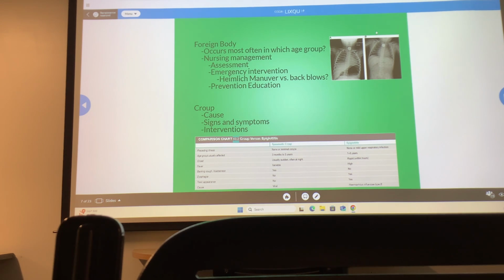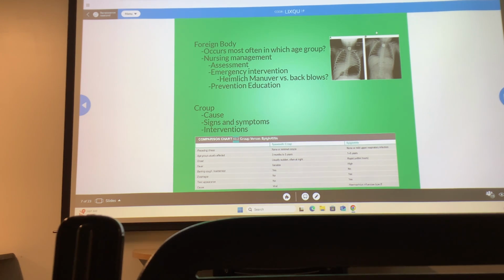What else might you hear? Stridor. Okay? Is stridor an upper airway or lower airway sound? It is an upper airway sound, absolutely. So you will not hear stridor in the lung fields, you're only going to hear it up here in the upper airway. Okay? What other signs and symptoms are you going to see in a kid with croup?